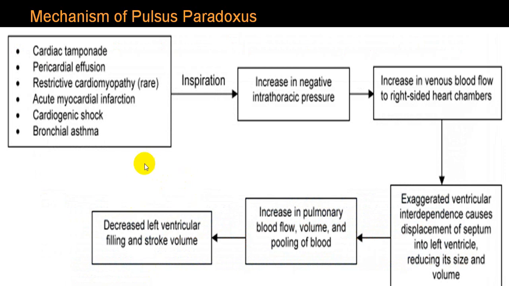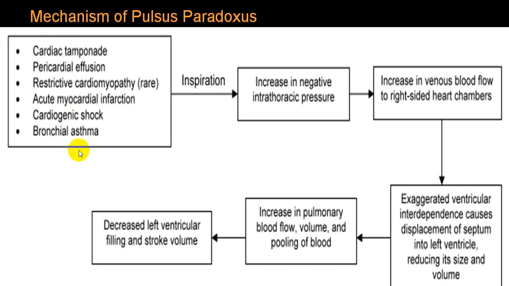So the mechanism, I've already explained to you what happens during deep inspiration. During deep inspiration, the venous return to the right side is reduced, which will be markedly reduced if the person has cardiac tamponade, massive pericardial effusion, restrictive cardiomyopathy, acute MI, cardiogenic shock, status asthmaticus, severe cor pulmonale.